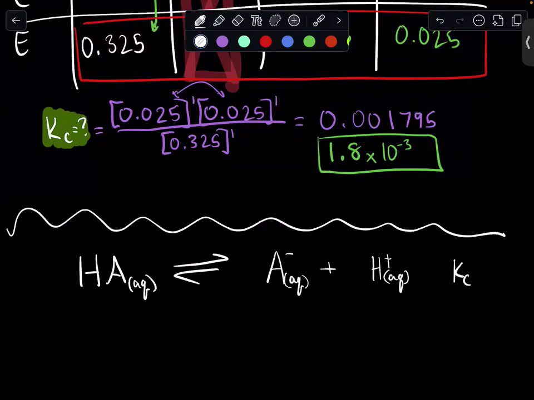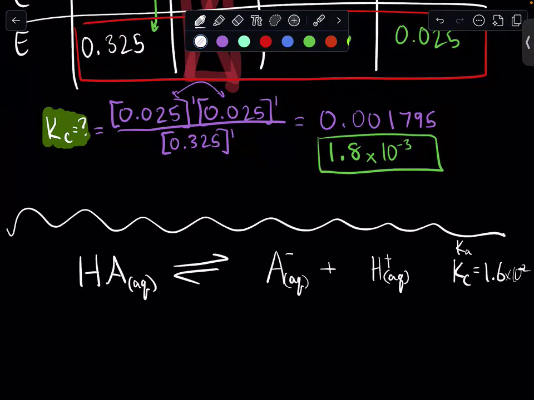And for most acids, we actually know the Kc at given standard temperatures. In this case, we know the Kc is 1.6 times 10 to the minus second. And actually, with acids, we don't call it Kc, we call it Ka, the equilibrium constant of the acid, or the acid constant.